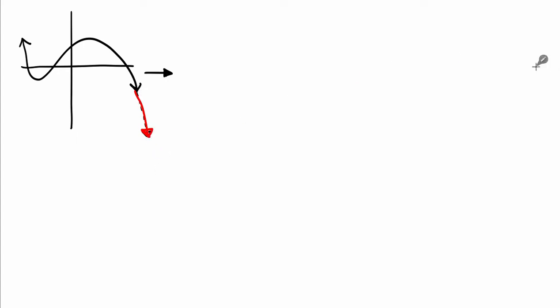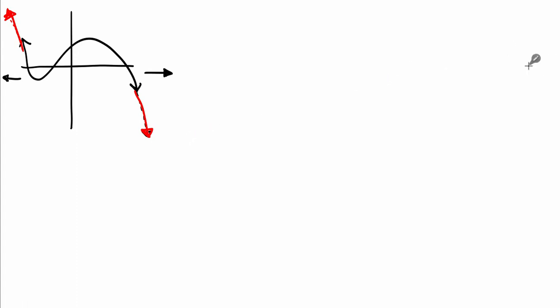Now on the left-hand side for this particular function we can see as x moves farther and farther to the left, the y value for the function is moving upward toward positive infinity. So the left-hand end behavior is toward positive infinity.